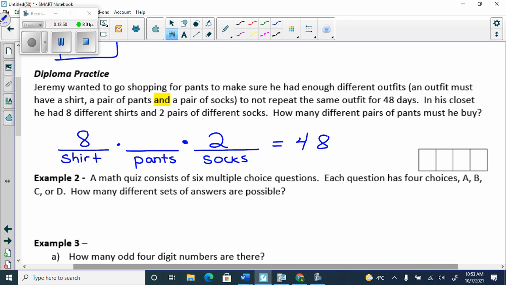So I need to figure out a value here that would get me 48, correct? So what's 8 times 2? It's 16, correct? And 16 times what is 48? It's going to be 3. How else could I do it instead of multiplying? I could go 48 divided by 16 and I get 3. So how many different pairs of pants must he buy? 3. And then you can have different outfits.